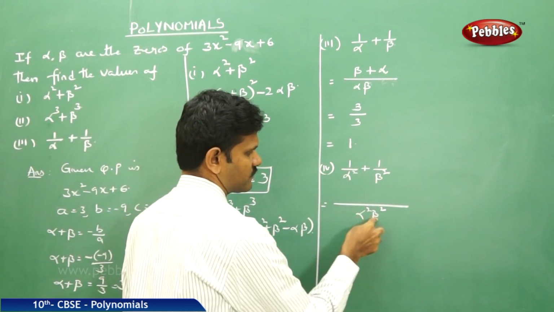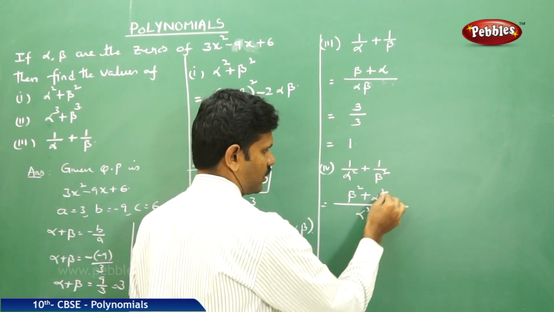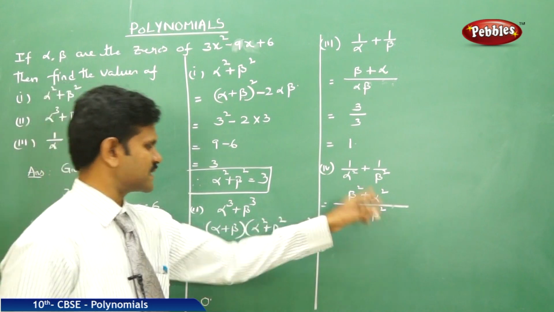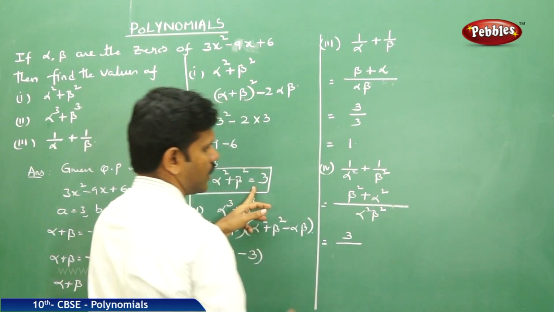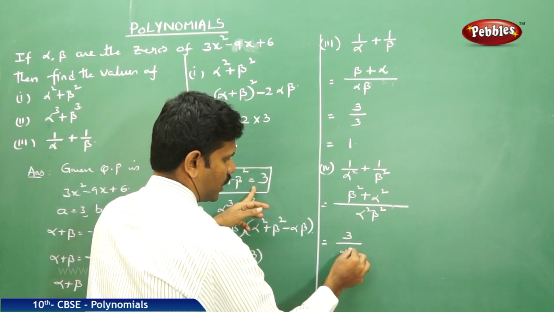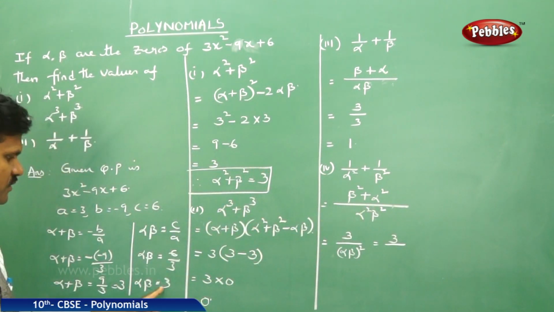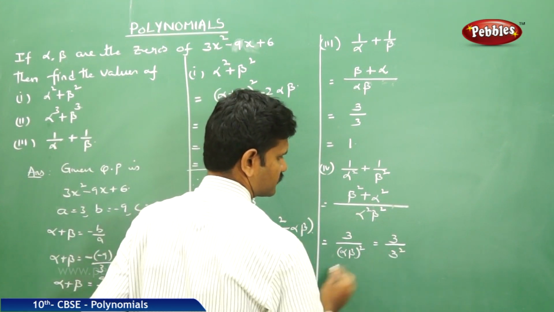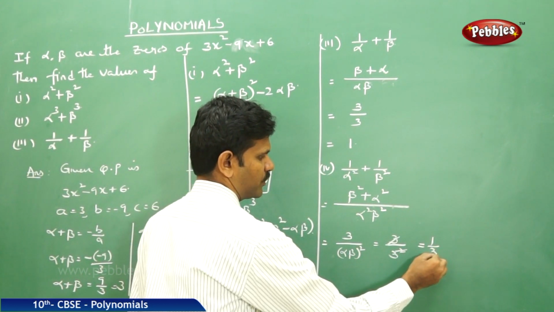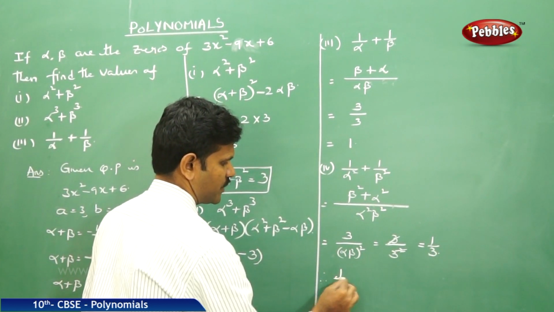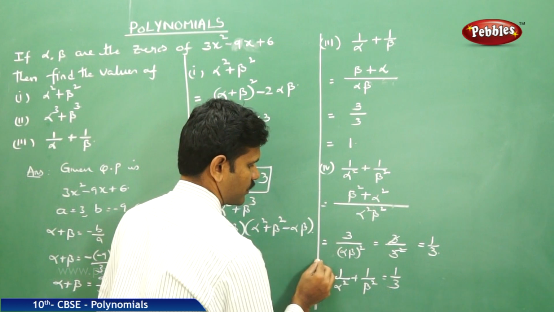Now alpha square cancels, beta square cancels, that is beta square plus alpha square value I got, that is 3 by alpha square beta square, nothing but alpha beta whole square, that is equal to 3 by alpha beta value is 3, that is 3 square, 3 cancels, which is equal to 1 by 3. Therefore 1 by alpha square plus 1 by beta square is equal to 1 by 3.